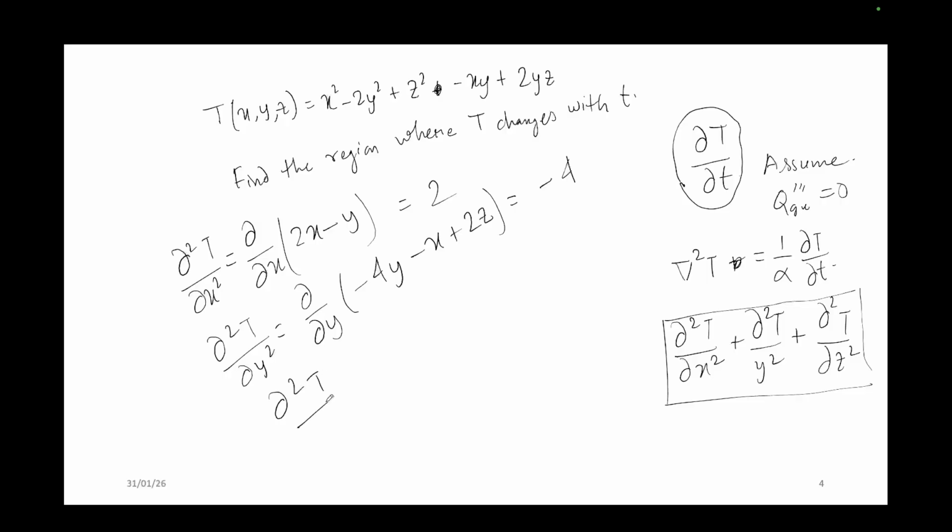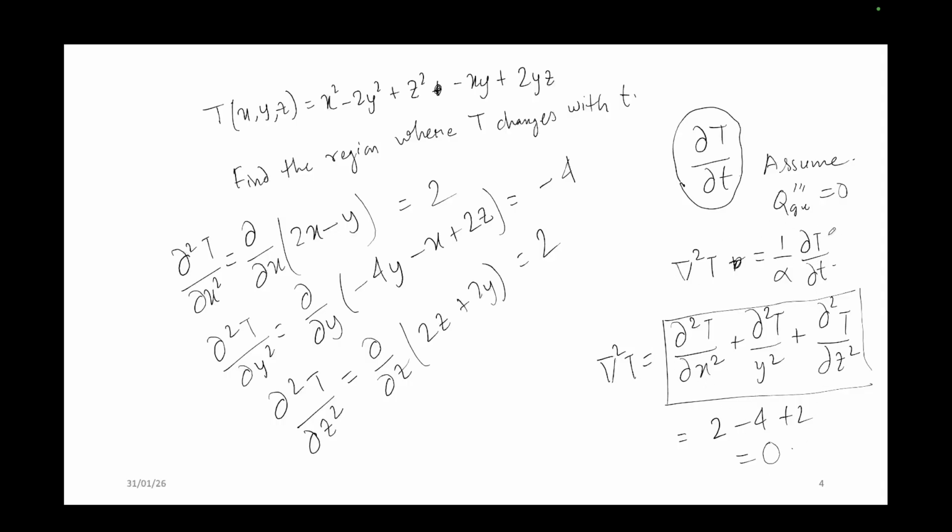Next with respect to z square, first term is 0, second is 0, next is 2z plus 2y, so ultimately I will get 2. If I add all these three, 2 minus 4 plus 2, this is 0. So ultimately your del square T is 0, right?